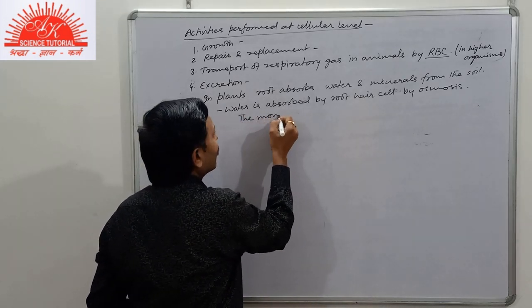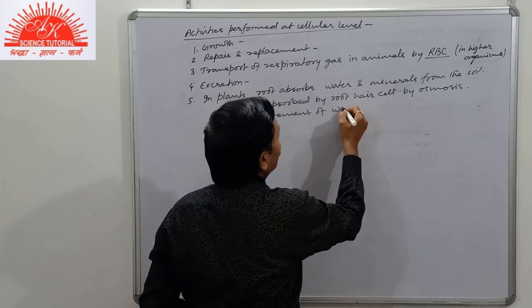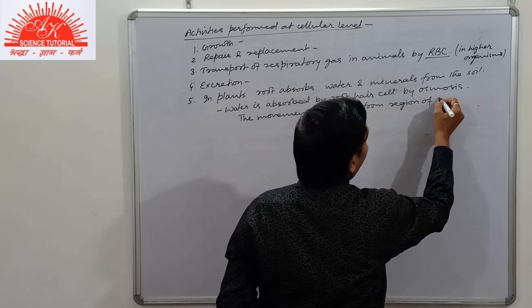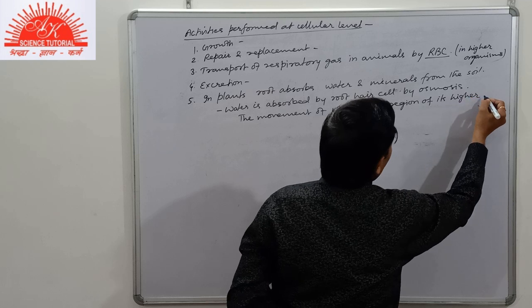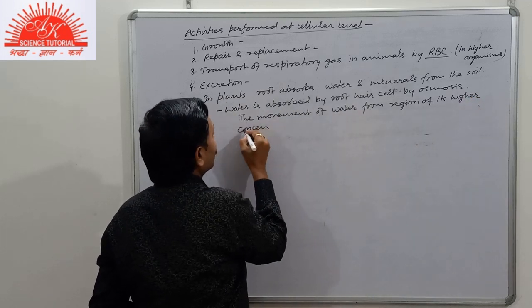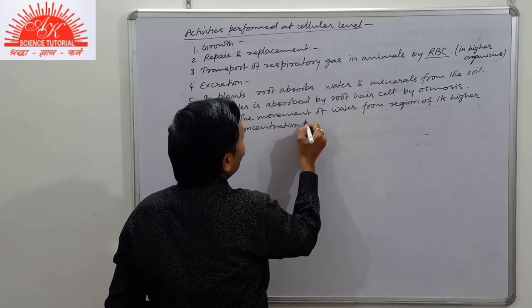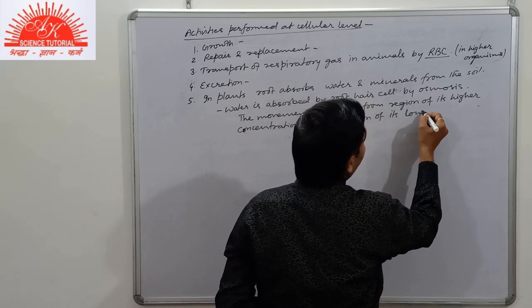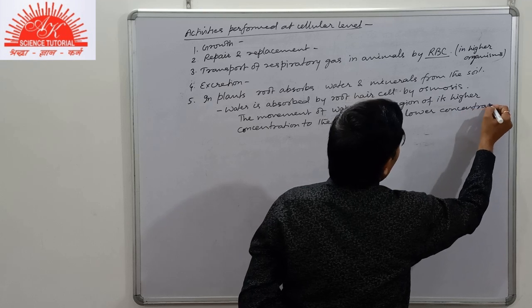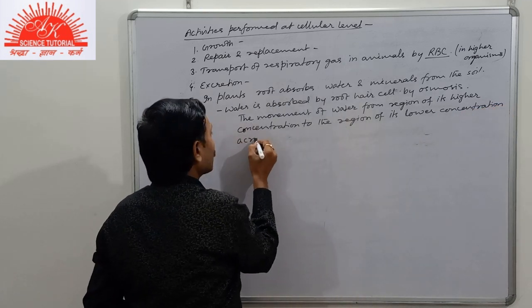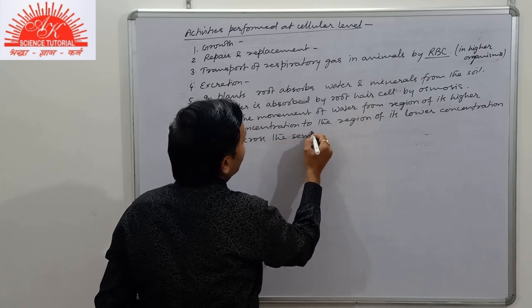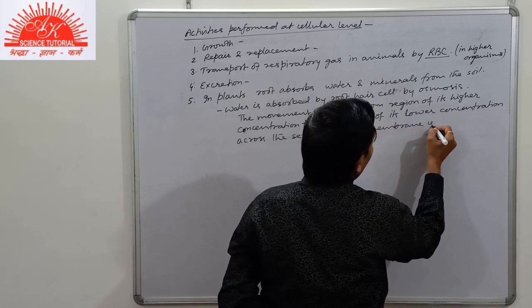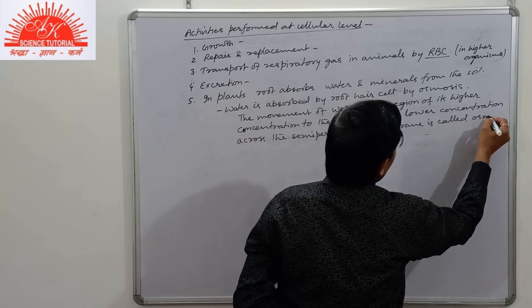The movement of water from region of its higher concentration to the region of its lower concentration across the semi-permeable membrane is called osmosis.